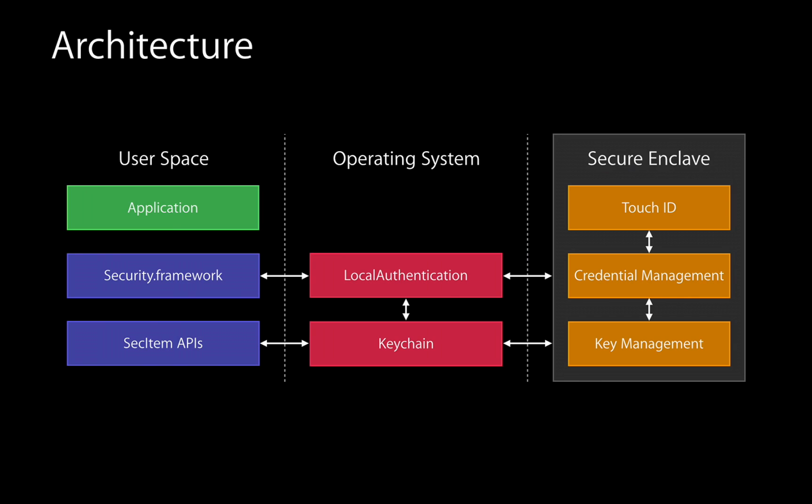And once the user provides his fingerprint or passcode, the Secure Enclave can authorize the operation in Keychain, and the Keychain will decrypt your data and send them back to you.